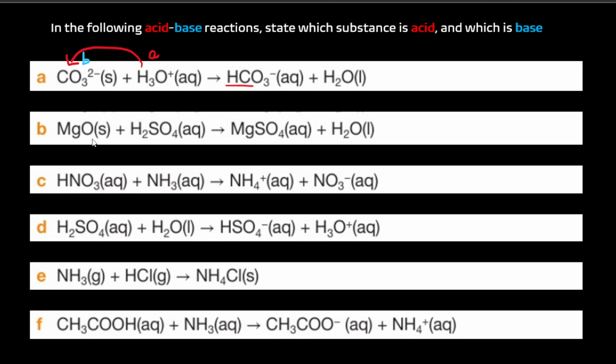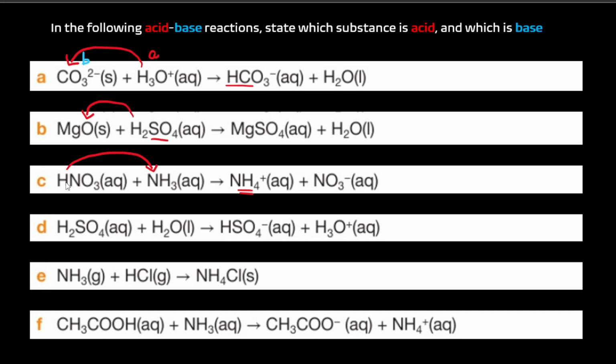Now in the reaction between magnesium oxide and sulfuric acid, H2SO4 is an acid because H2SO4 donated one hydrogen ion or proton to MgO. Now in the reaction between HNO3 and NH3, HNO3 is an acid because it will donate one proton or one hydrogen ion to NH3 in order to become NH4 plus.